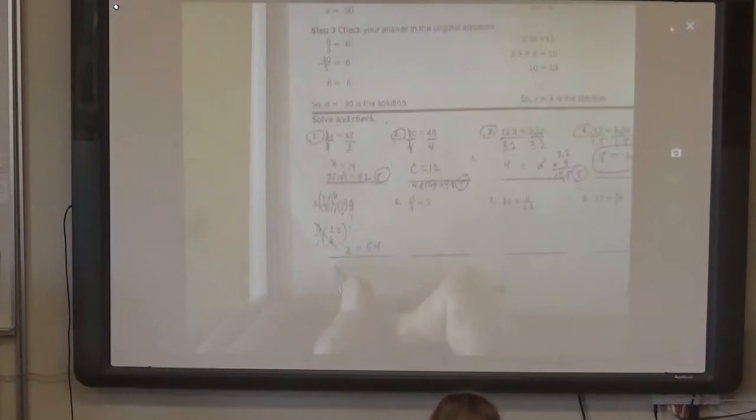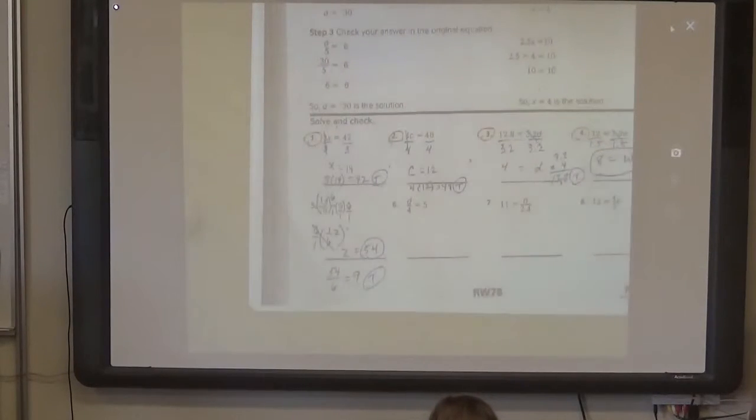And instead of writing z, we're going to write 54. 54 over 6 equals 9. Yep. Is that true? Yep. That's how you check it. Okay?